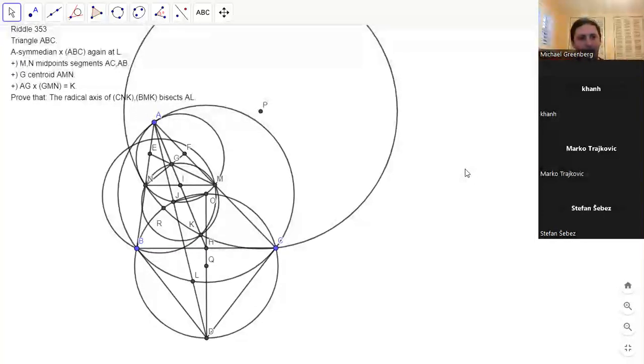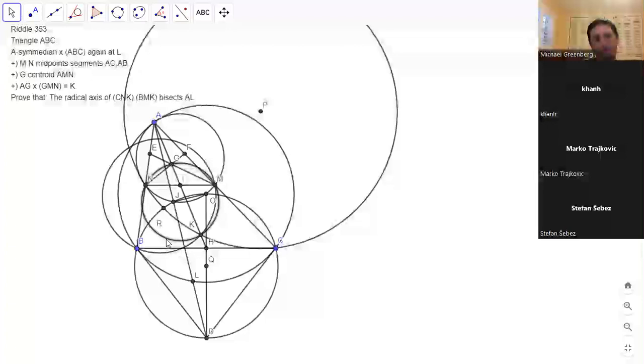CKN. Yeah, see, the thing is there's this circle right here. And there's this circle, and KN is the radical axis.